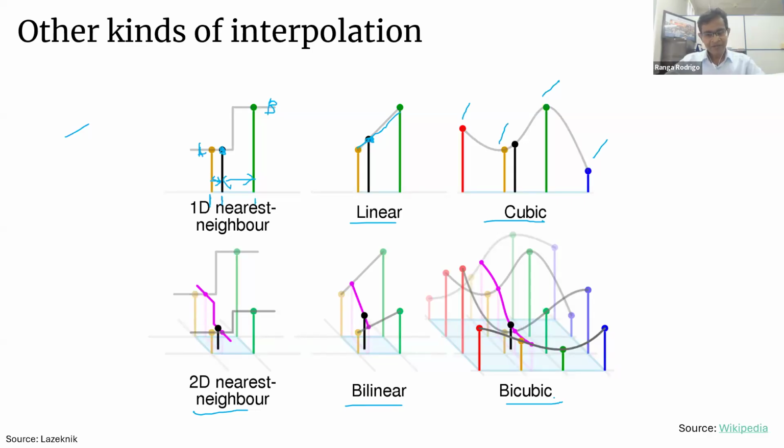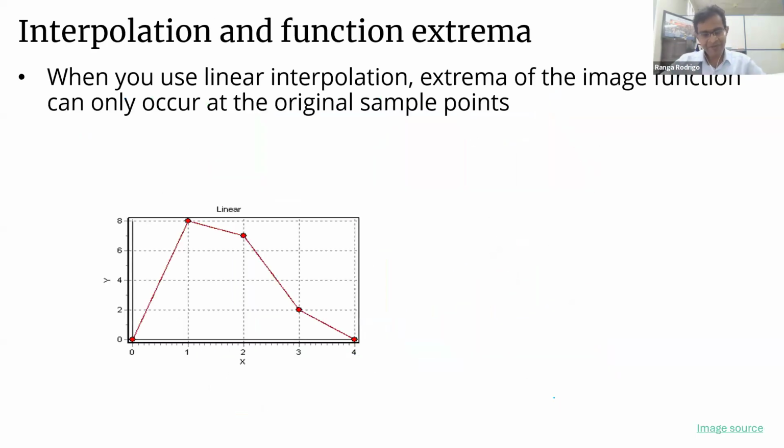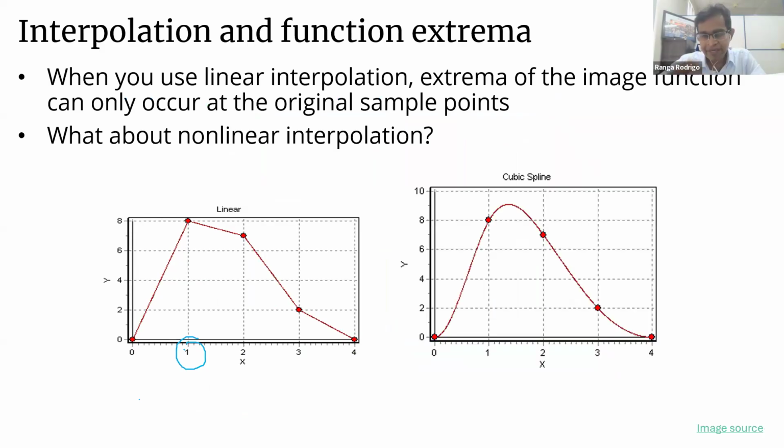So bicubic. But if you want to really do the calculations, it will be involved. So if you take the nearest neighbor, the extrema can happen only at a sample location. But if you do cubic interpolation, it can happen in between the pixel locations. I hope this is clear. If you have a question, I can answer.